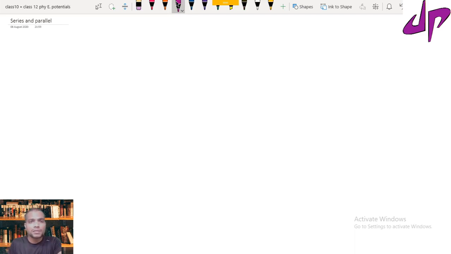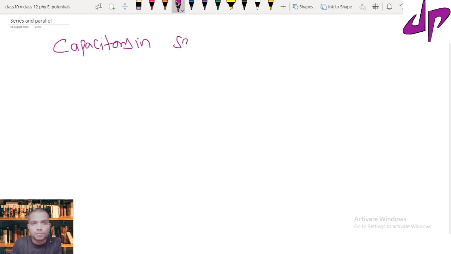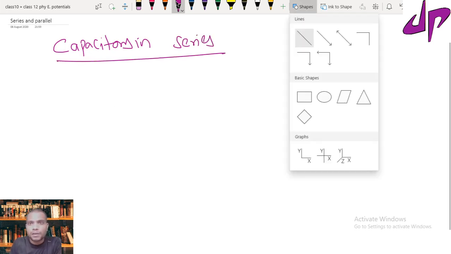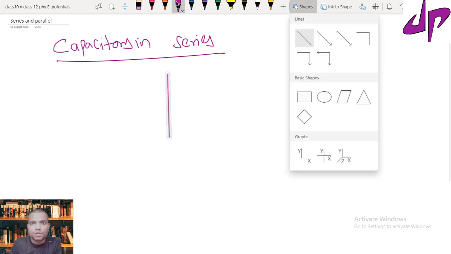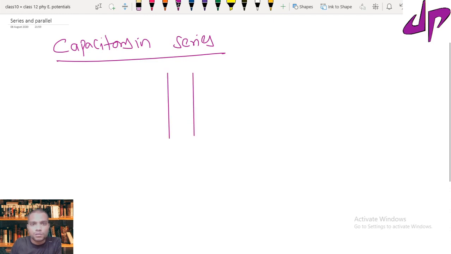Suppose I draw the capacitors, let me take the heading as capacitors in series. For that I am taking three parallel plate capacitors. So this is the first plate and second plate of the first capacitor. Let me connect this with a conducting wire.